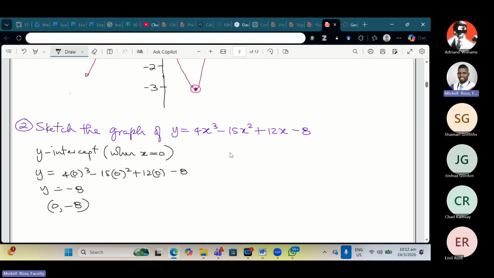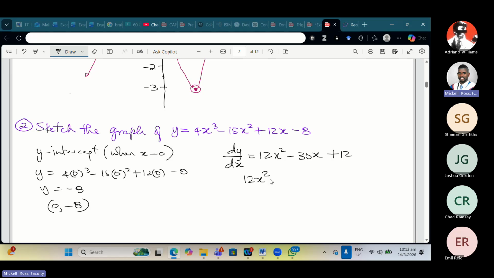All right, so find the first derivative. dy/dx is going to be equal to 12x squared minus 30x plus 12. So at the stationary point, the gradient is equal to 0.